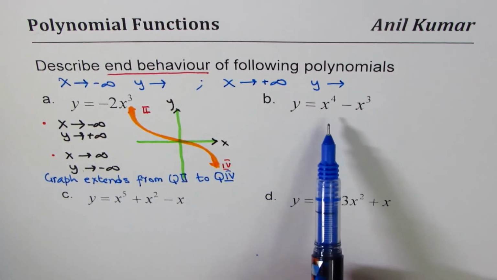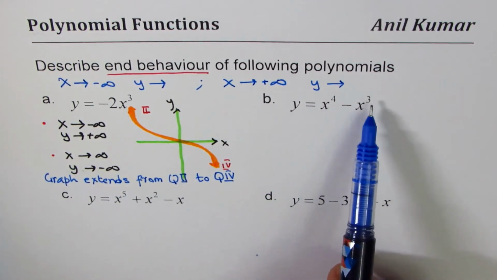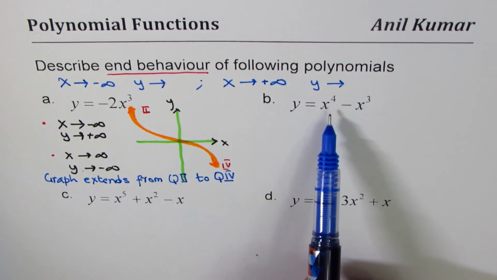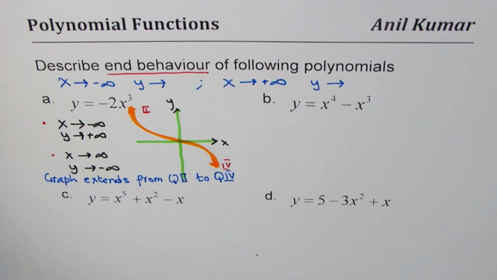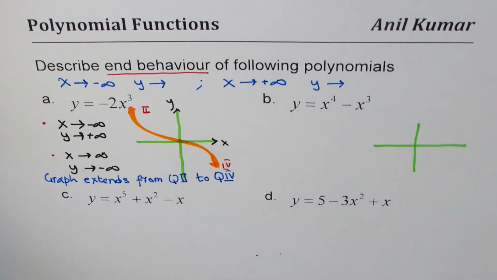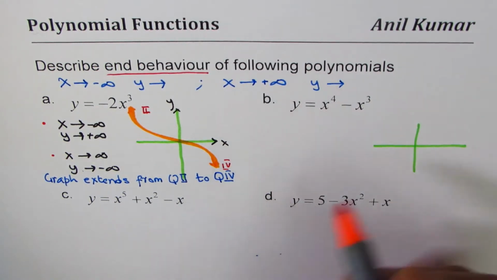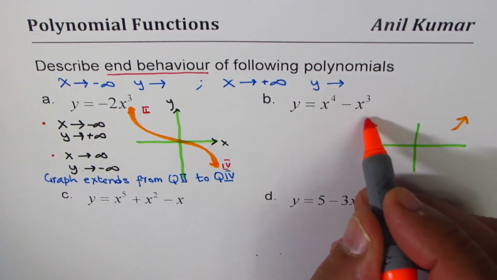Let me take another example here. Part B, y equals x to the power 4 minus x cubed. Now what is the leading coefficient? Well, the leading term is x to the power 4, leading coefficient is positive. So we'll sketch this graph, only the end behavior. Positive means right side up, and since the degree is even, both sides are up.